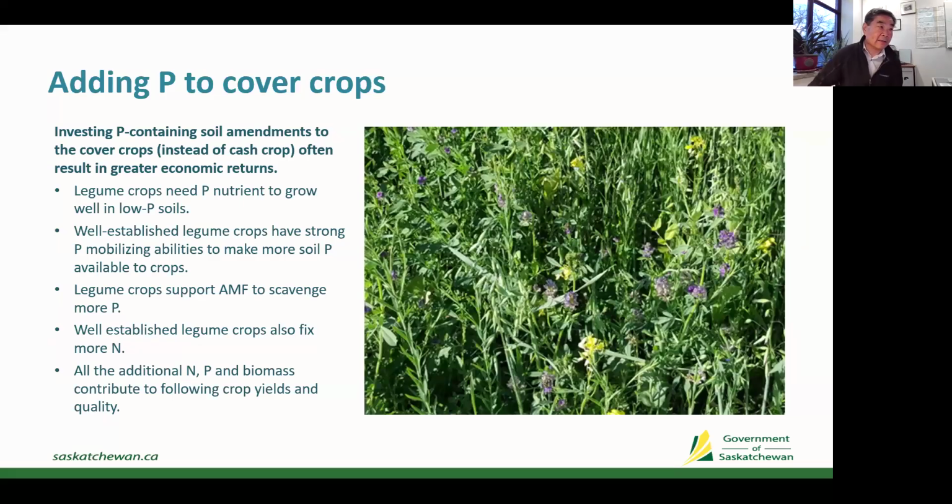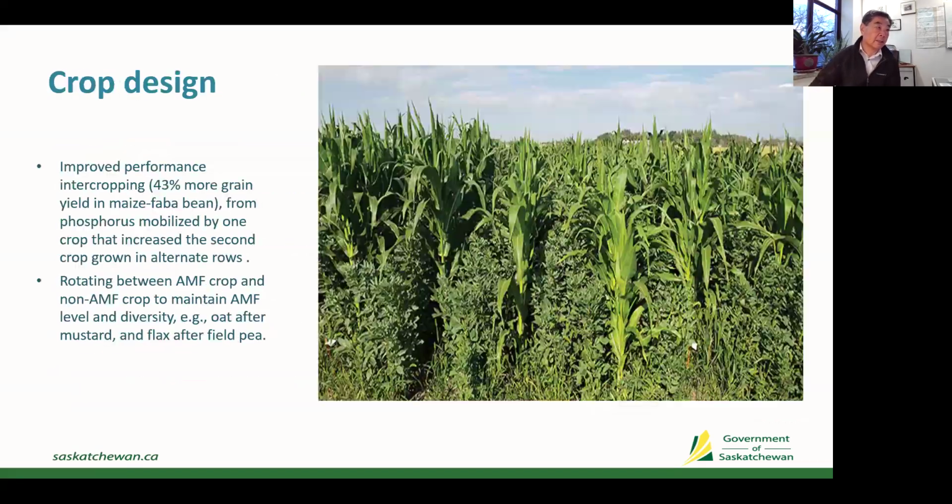When you apply the limited amount of P to the cover crop, you have more P available, and then you would have more nitrogen fixed and more biomass produced in that particular season. So that would help the nutrient supply in the subsequent seasons for your cash crops.